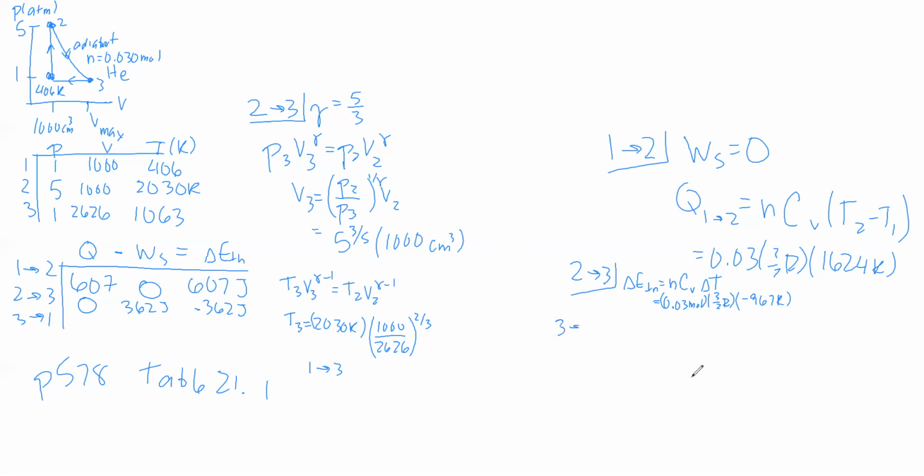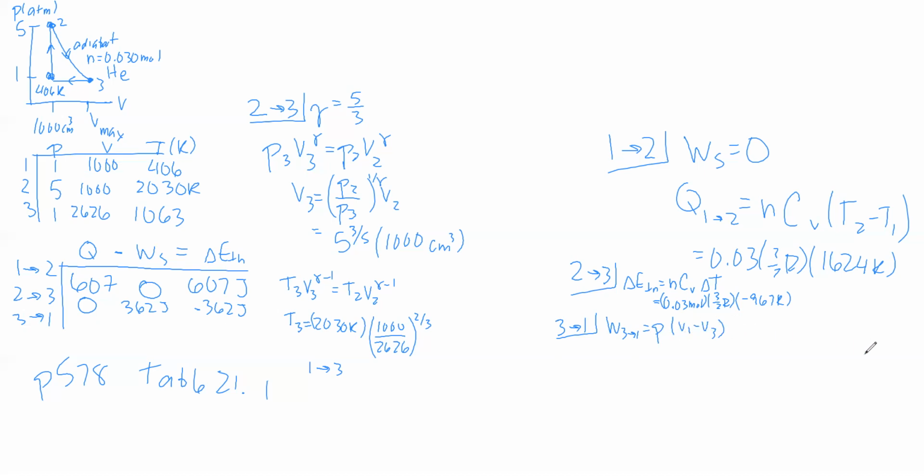So now let's go from 3 to 1. I think the easiest one to start out with, if it's a constant pressure process, is to do the work. The work from 3 to 1 is the pressure, that constant pressure, times the change in volume, V1 minus V3. And now we do need to convert to SI units to get joules.